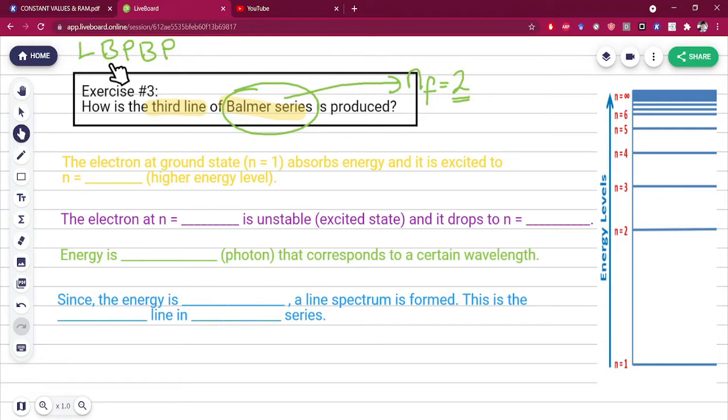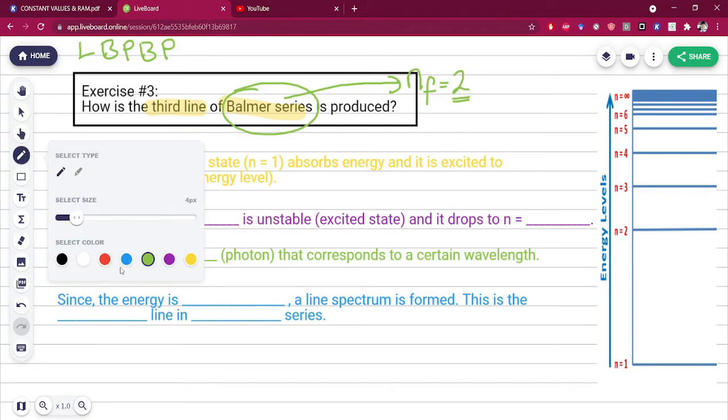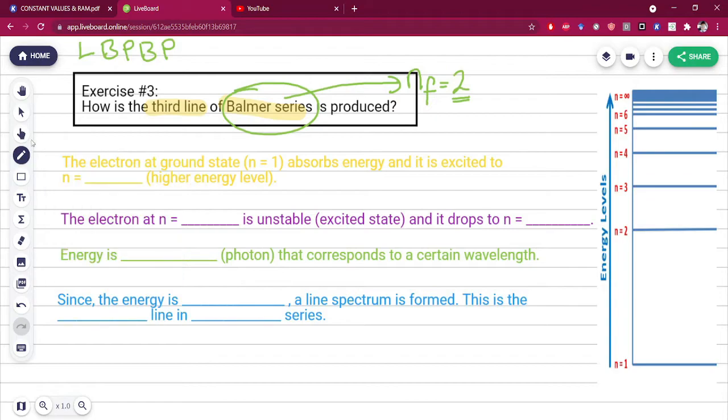When you look at Balmer over here, it is the second one. That reminds you that the n final for Balmer series is 2. The question wants you to describe the third line, so the third line reminds you of the number 3. You plus 3 and get n initial equals 5.